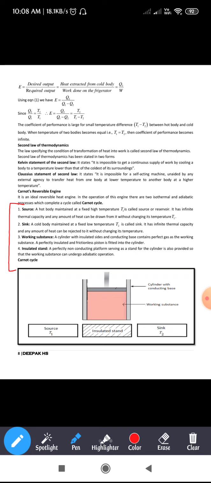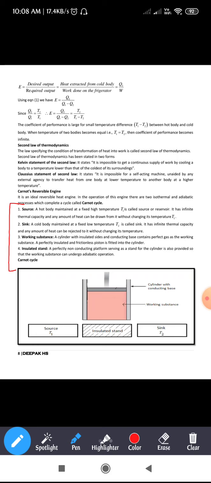It is denoted by T2, and any amount of heat can be rejected or given to the sink. Even if heat is given to the sink, its temperature doesn't change, it remains the same T2. So this is regarding the source and the sink.